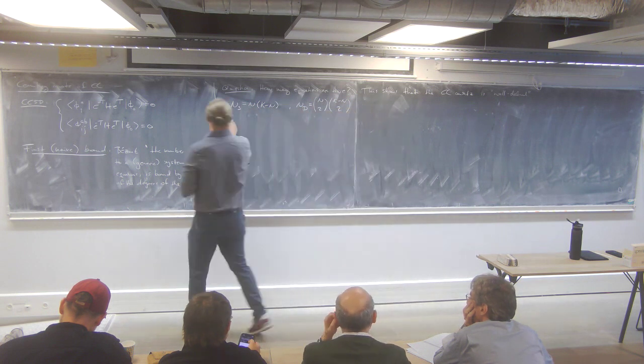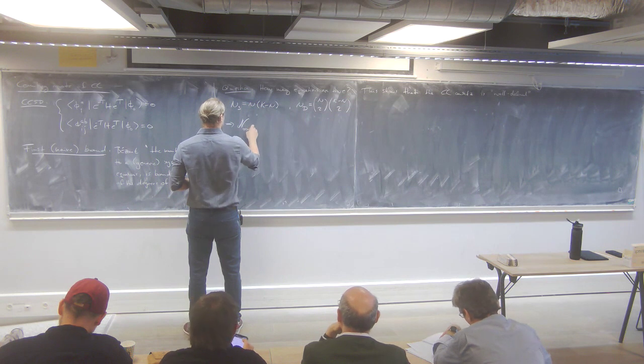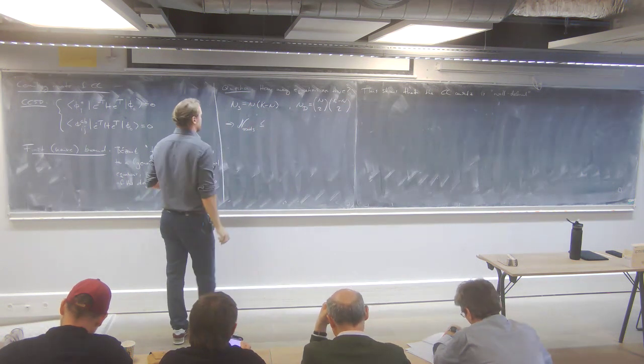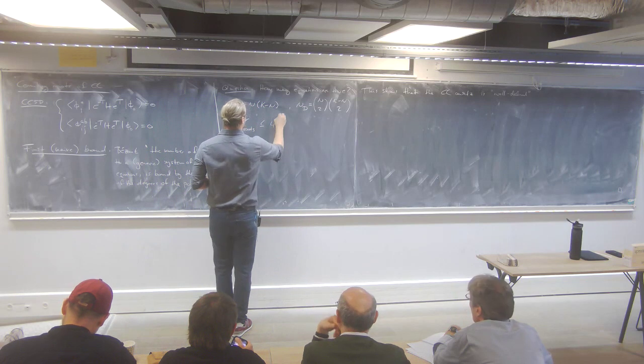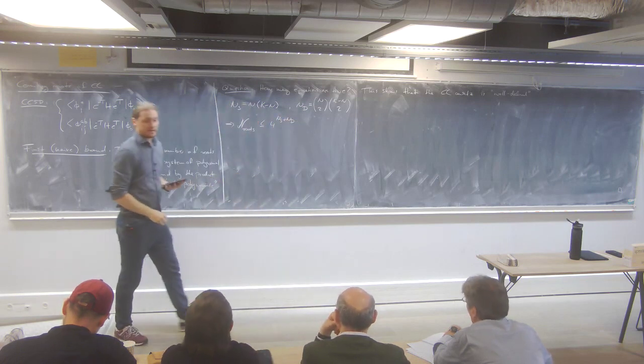So our very first bound, the number of roots, is smaller or equal than 4 to the ns plus nd.